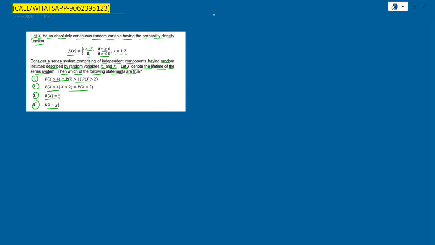Now, we are given two independent random variables, X1 and X2. The density function f_i(x) is i into e to the power minus i x if x is greater than or equal to 0, and i is 1, 2.